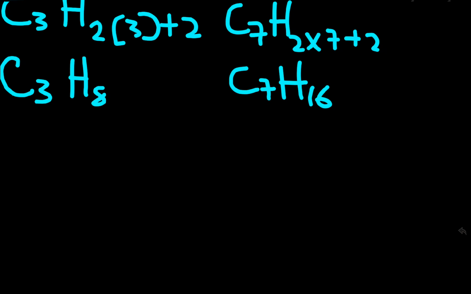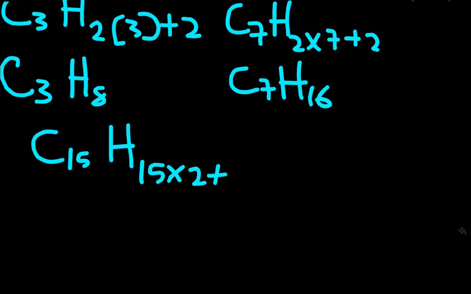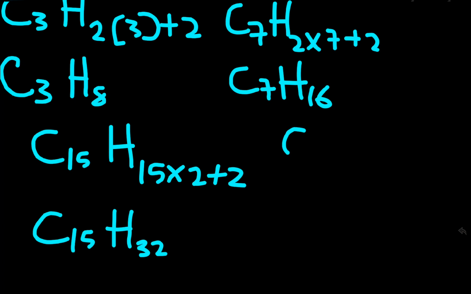So carbon 15, H would be 15 times 2 plus 2. C15 would give us 15 times 2 is 30. 30 plus 2 is 32. And we also try for C24.